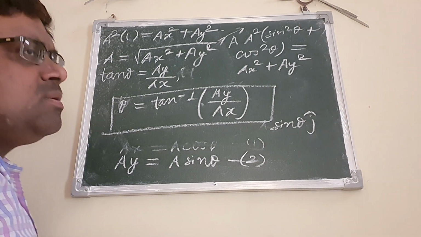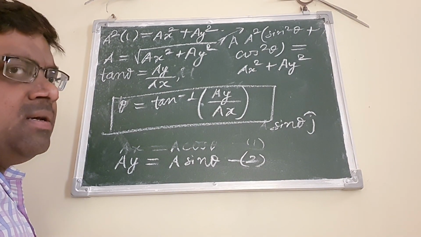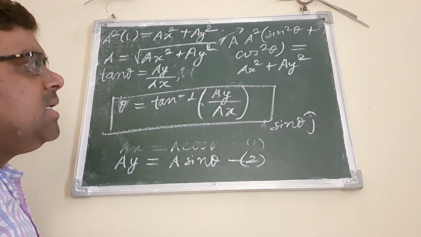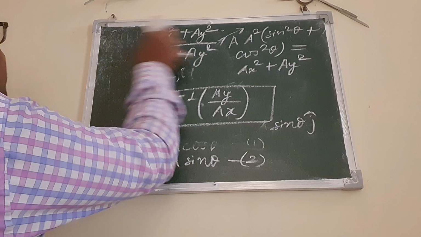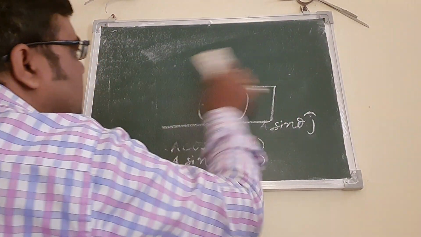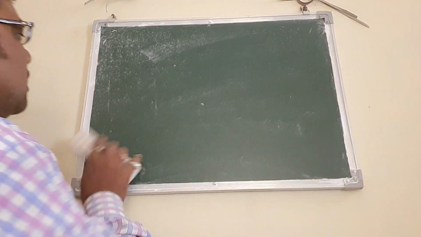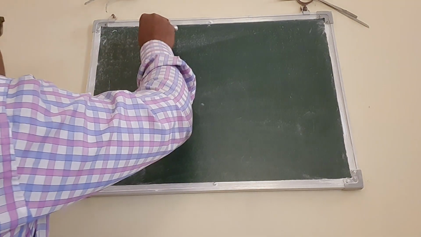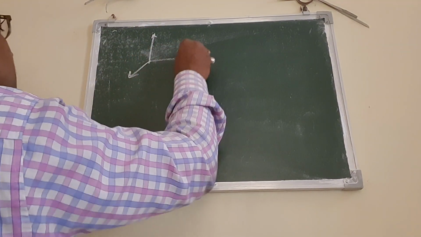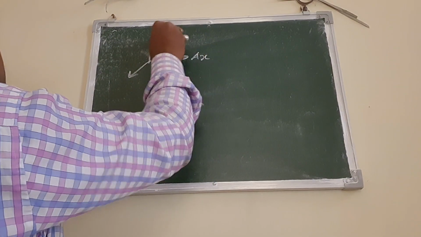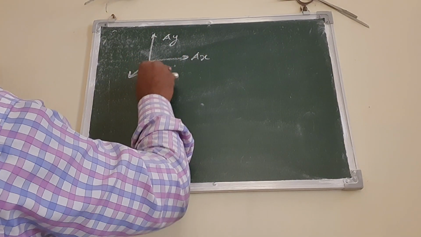Now we are going to proceed to the vectors in 3 dimensions. Suppose this is the vector with components Ax, Ay and Az.